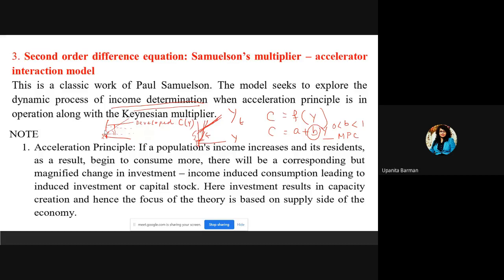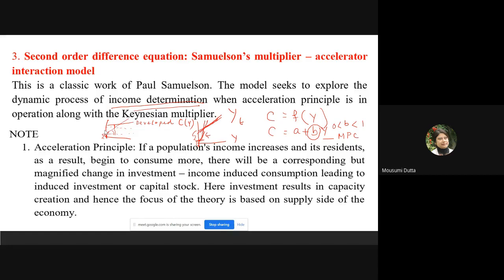Here, investment results in capacity creation, and hence the focus of the theory is based on the supply side of the economy. We are considering investment as capacity creation, creating the capacity to produce more.